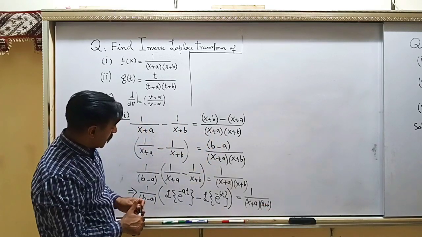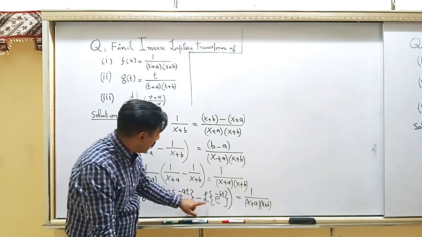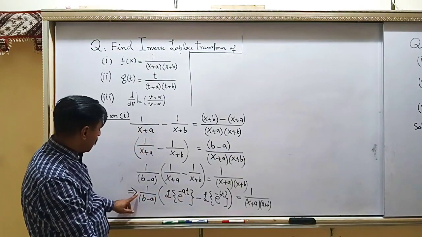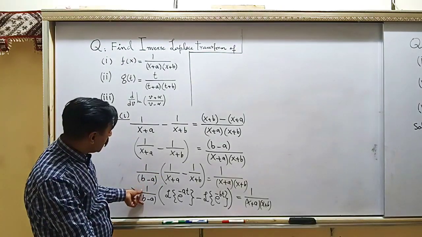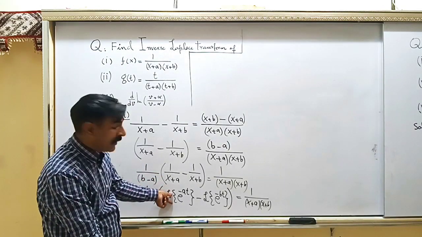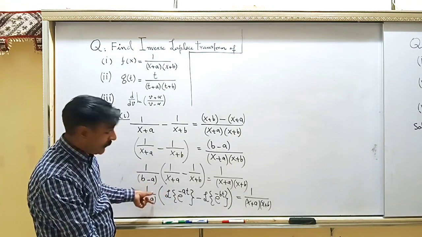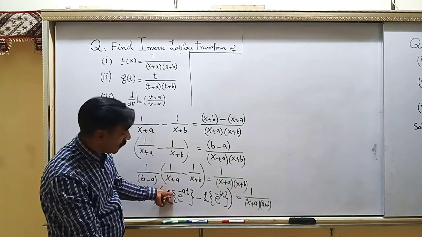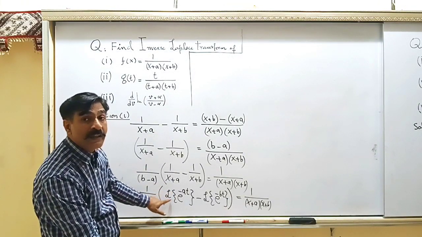Now, this Laplace transform operator is a linear operator. It means the constant can be moved to the right of the linear operator, or if it is on the right, then it can be moved to the left. And this time, we are moving this constant to the right of this operator, right? So this is the linearity of the operator.